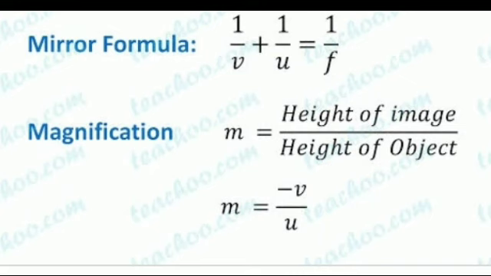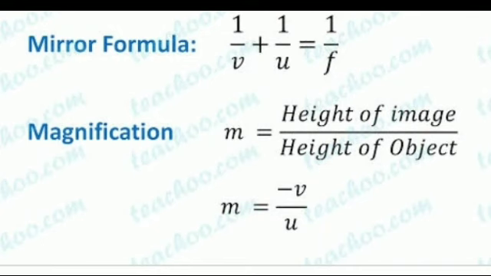Thus, magnification m = height of the image divided by height of the object = h2/h1. From this, it can be shown that m = -v/u.